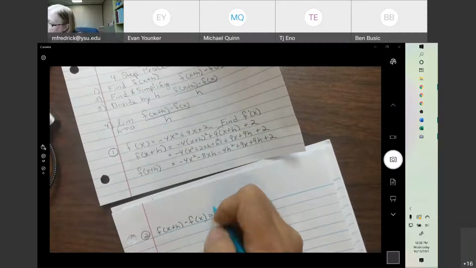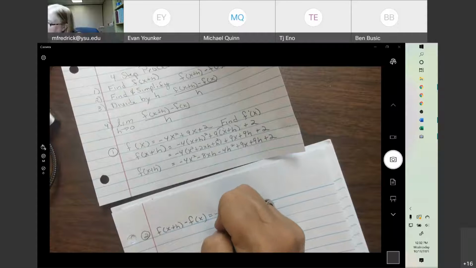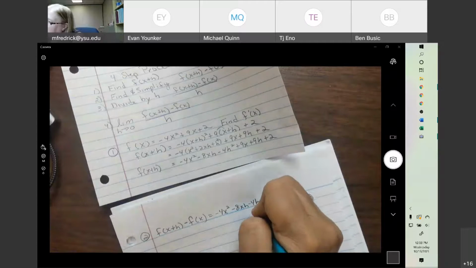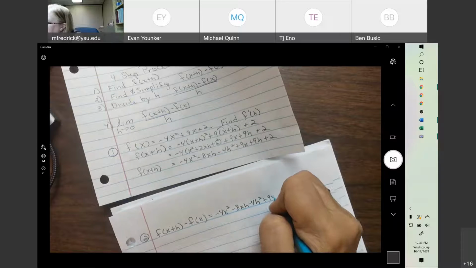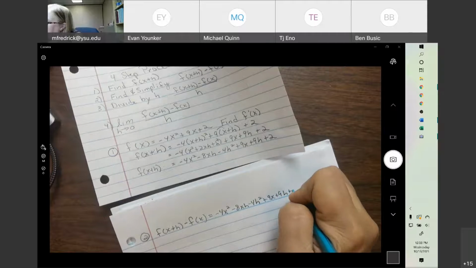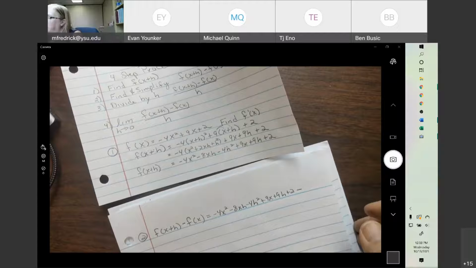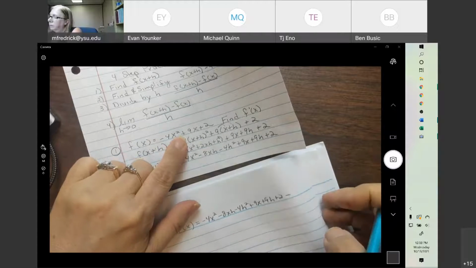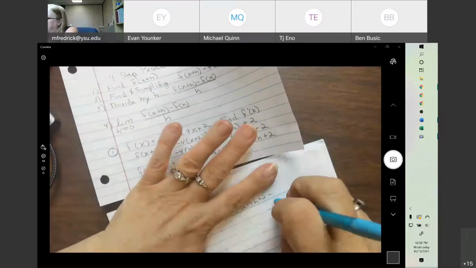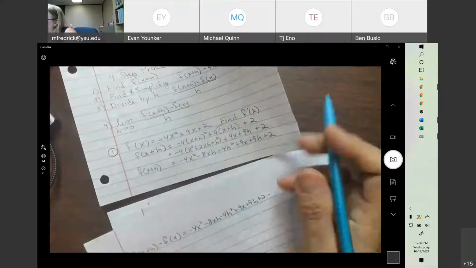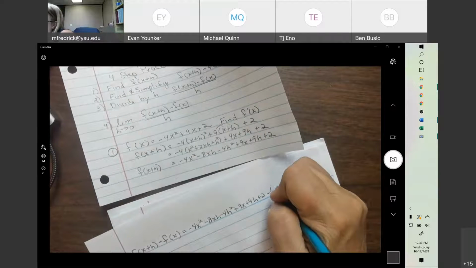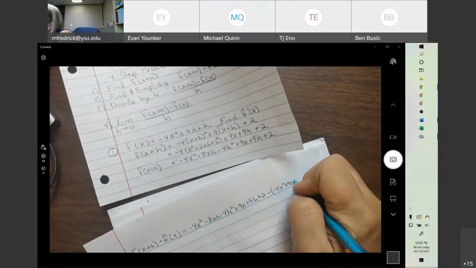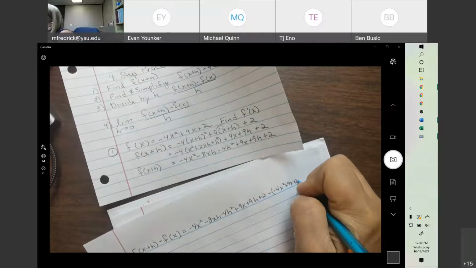So we take our last answer, -4x squared minus 8xh minus 4h squared plus 9x plus 9h plus 2 minus the original function right here. -4x squared plus 9x plus 2.